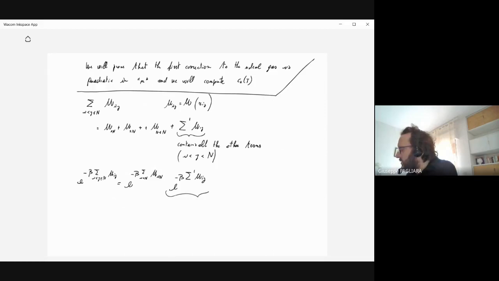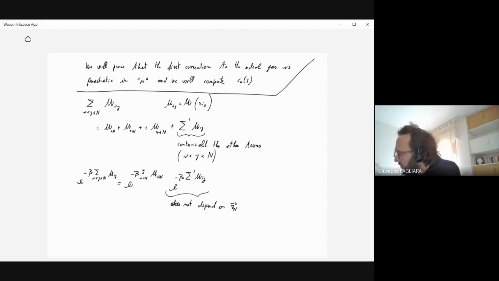Now this function here does not depend on the position of the n particle, so it does not depend on R_n, because here we have all the interactions between all the particles but for particle n.